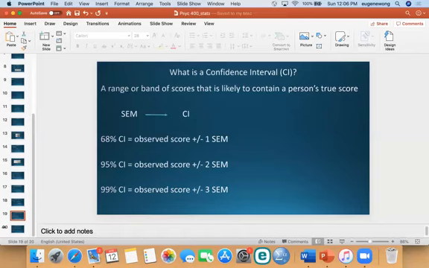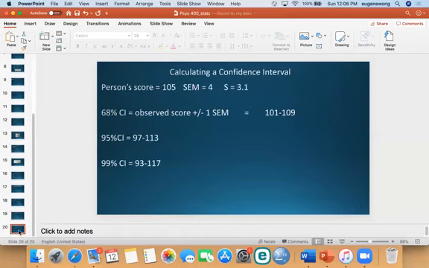Okay, so here's an example. Let's say that we have a person who has a score of 105. And we know that the SEM for this test is 4. And we know the standard deviation is 3.1. The standard deviation, or S, is irrelevant here because the formula is observed score plus or minus some amount of SEM.